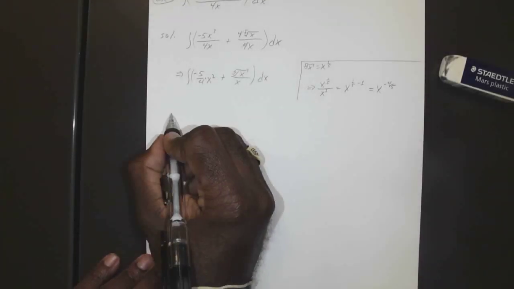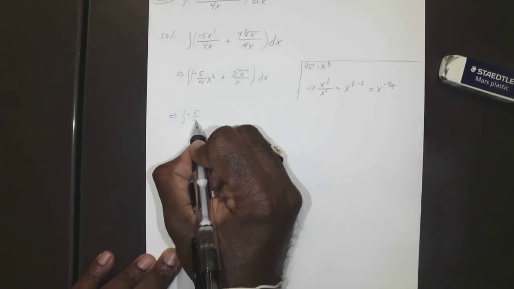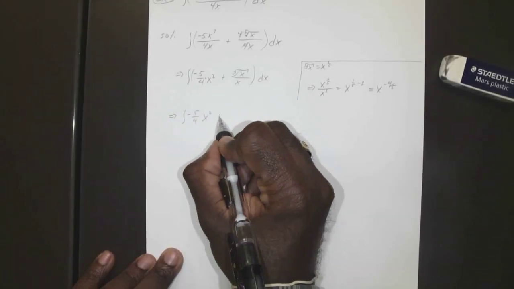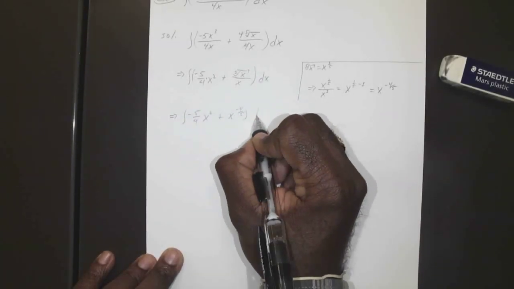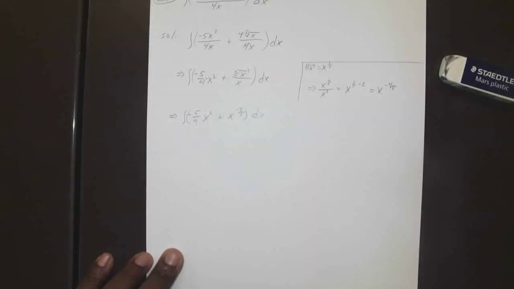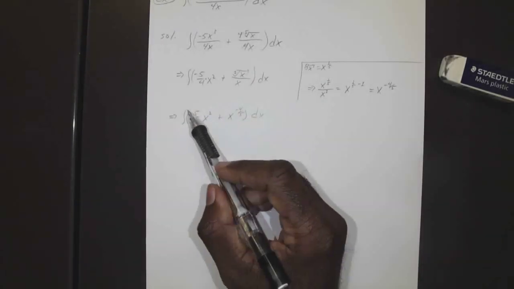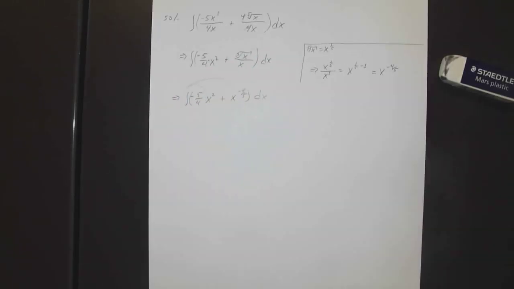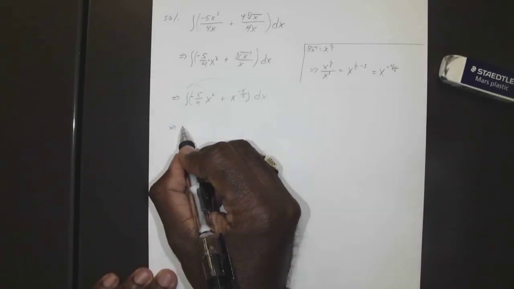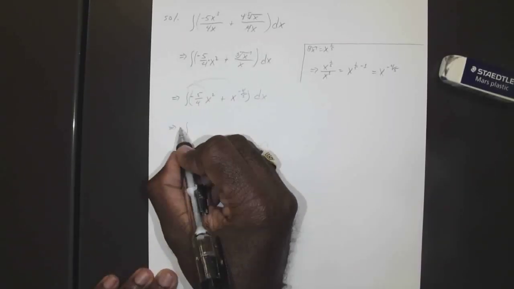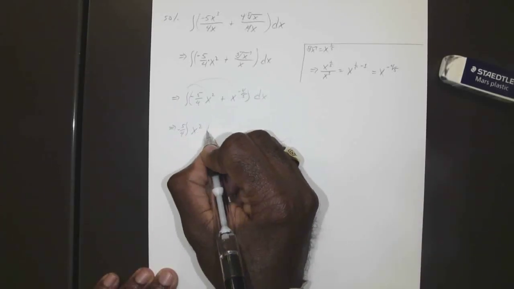Okay, so if we rewrote this, we have the integral of -5 over 4 times x squared plus x to the -4/5 power with respect to x. So we have both terms simplified, which means we can go ahead and distribute our integral, which gives us the integral, we'll bring that -5 over 4 out, of x squared with respect to x.